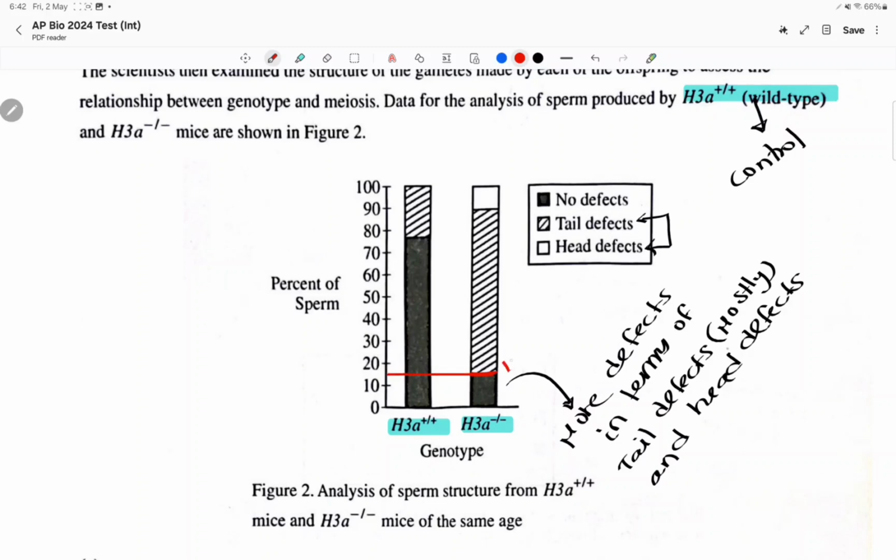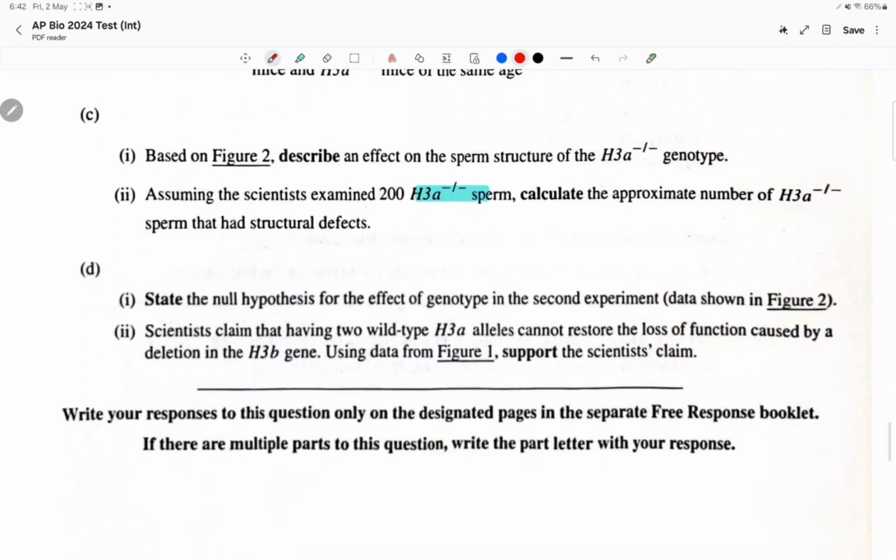About 15% was without any defect. But the 85% left had a defect. So 85% of 200 is 170 sperm. So out of 200 sperm, 170 have structural defects when the genotype is H3A minus minus.